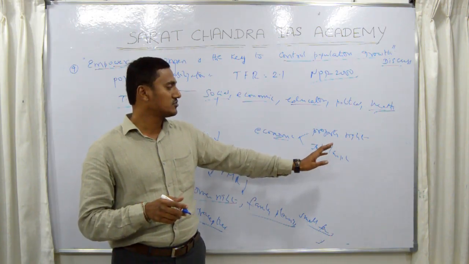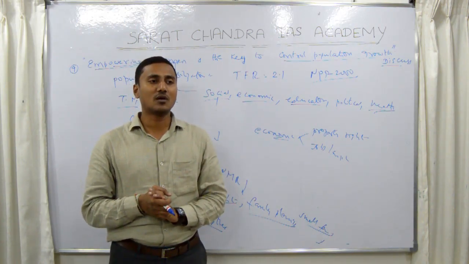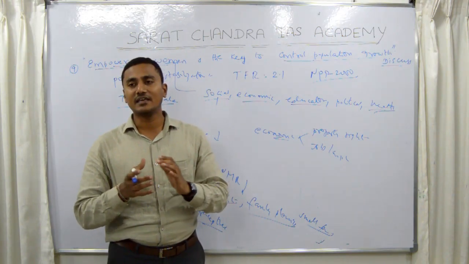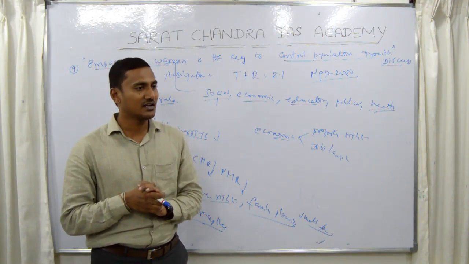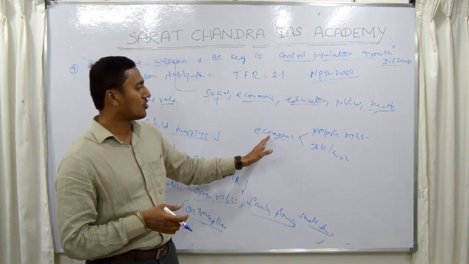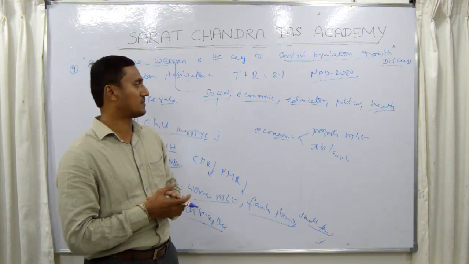Similarly, having jobs or employment, women would think more about their career growth, hence they cannot give up their career for giving birth to more children, hence they also mostly stop with 1 or 2 children. Thus, economic empowerment helps in controlling the population growth.